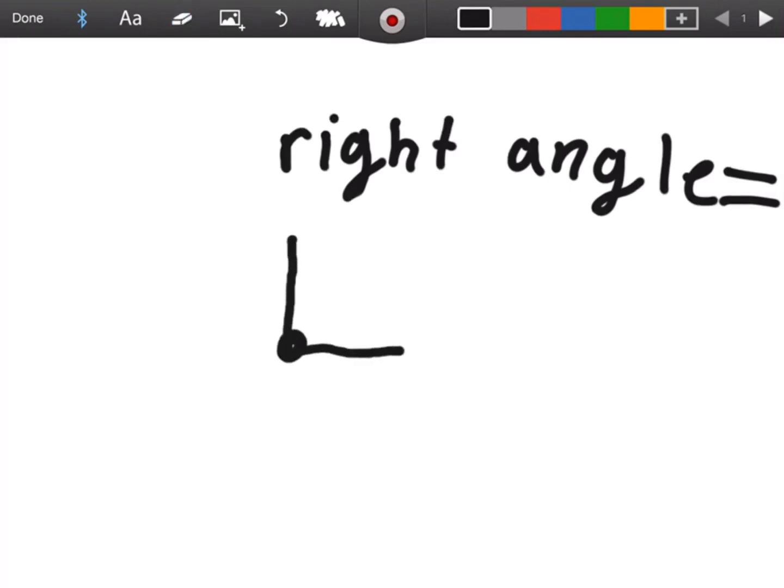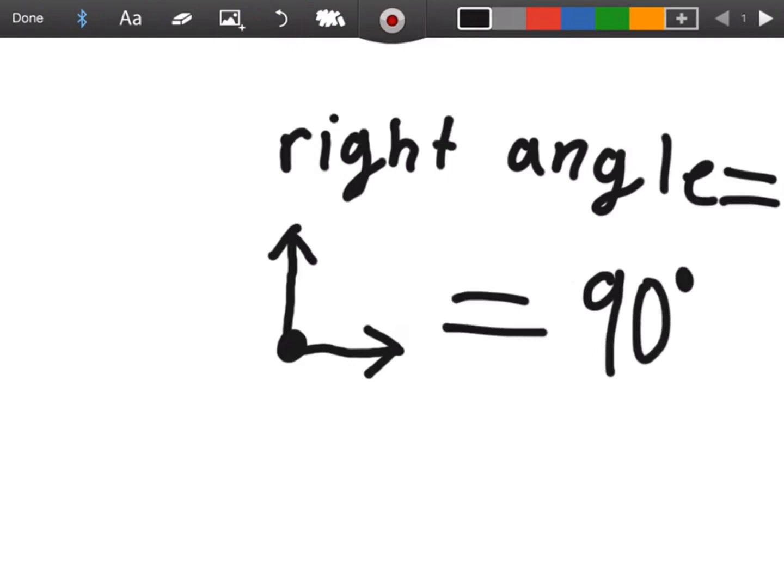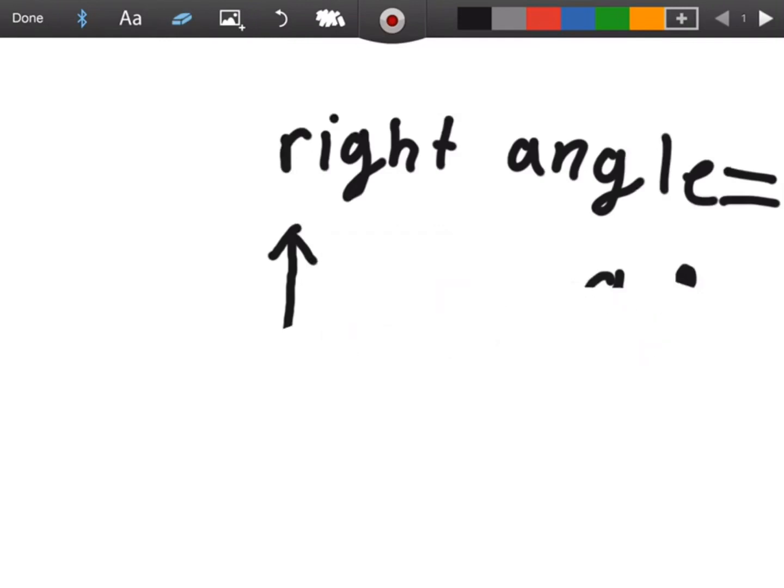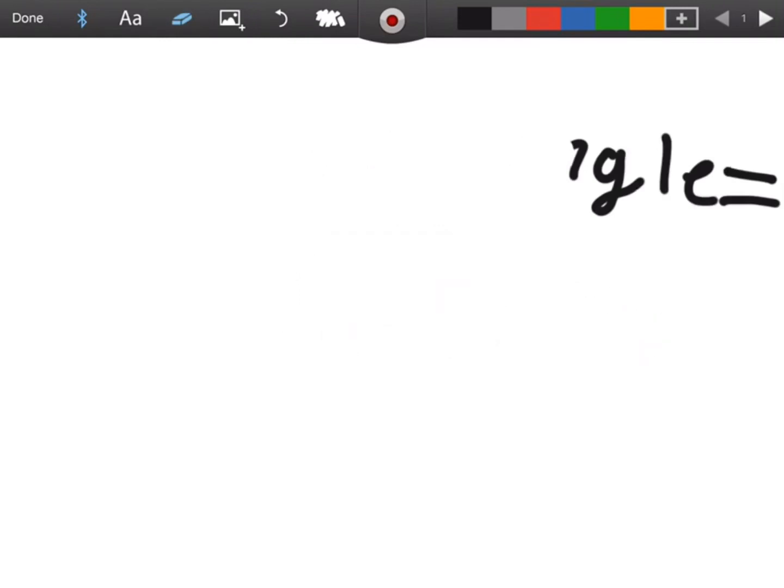This is what it looks like. It's always equal to 90 degrees. That little dot I put up there is a degree symbol, and degrees is the measurement unit that we use to measure these angles. A right angle always equals 90 degrees. So let's erase this.